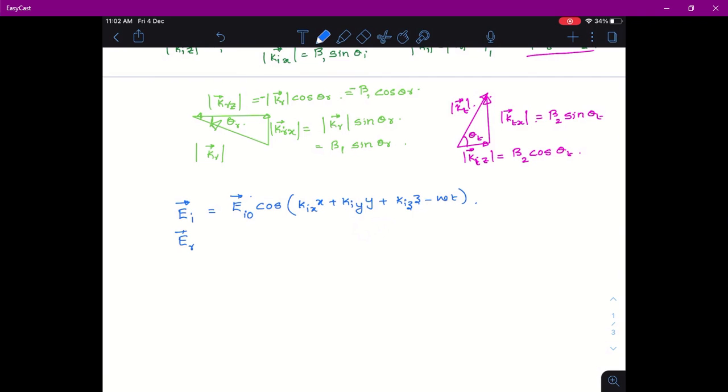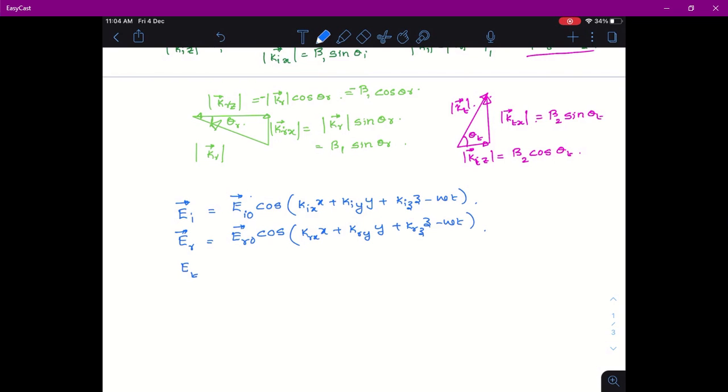Similarly, I can write the reflected wave as ER0 cos of (KRX x plus KRY y plus KRZ z minus omega t).